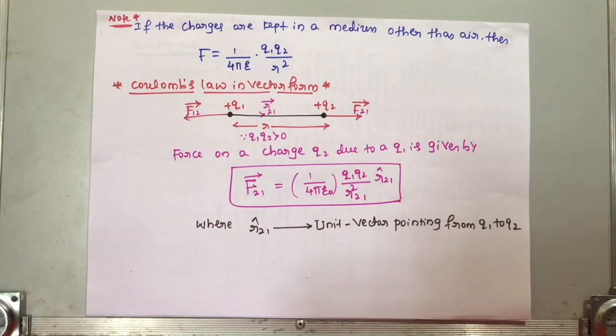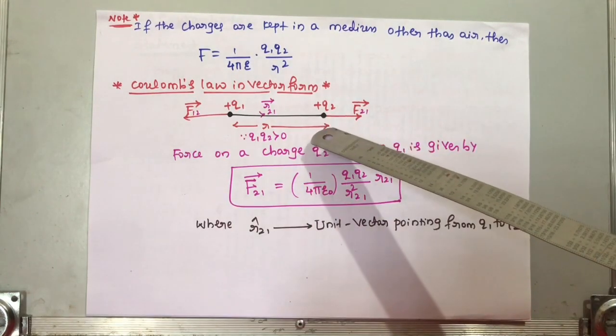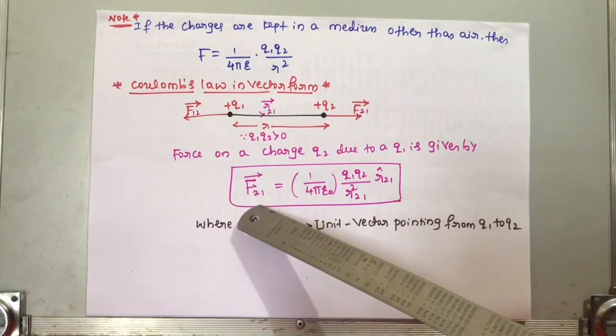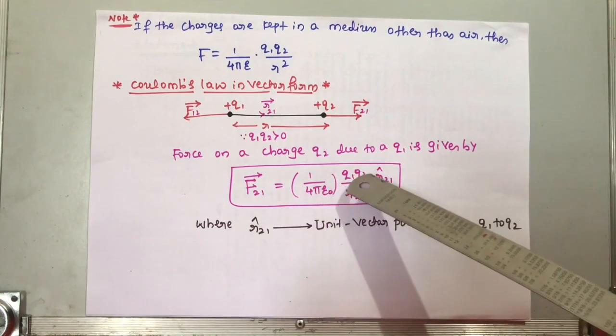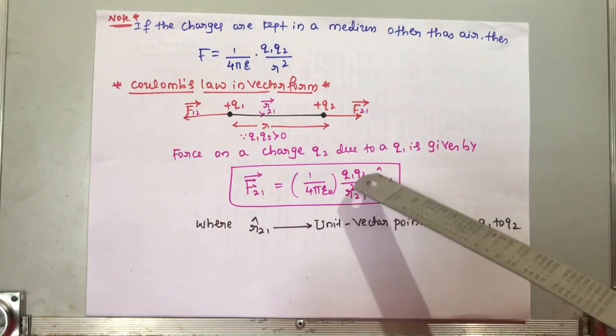Now, using this diagram, we are going to write the equation in vector form. In vector form, Coulomb's law may be expressed as the force on a charge q2 due to q1. The force on a charge q2 due to q1 is given by vector F21 is equal to 1 divided by 4 pi epsilon naught q1 q2 divided by r square into unit vector r cap.